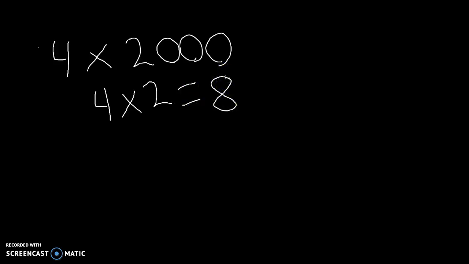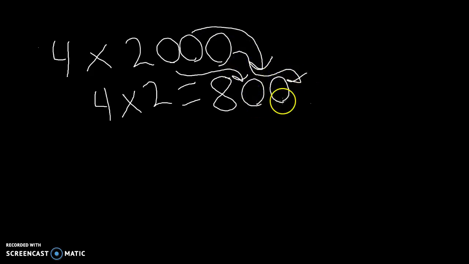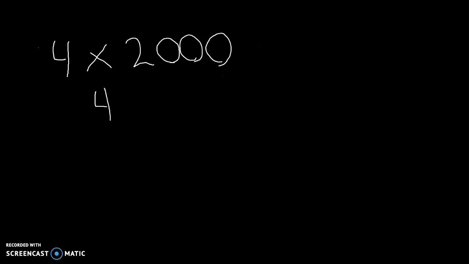And now you're going to want to carry all the zeros and place them down into the 8. So that would be all 3 of the zeros from the 2000. Like so. And it's going to make 8,000. It's a very basic, very simple concept. It's not hard at all.